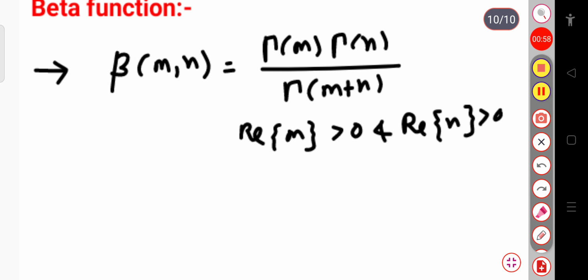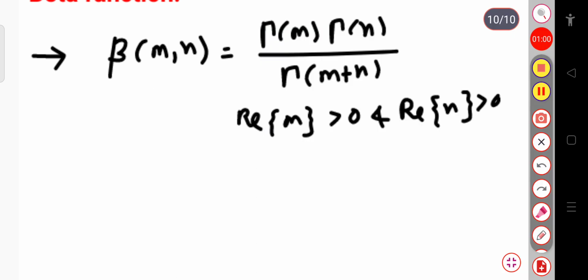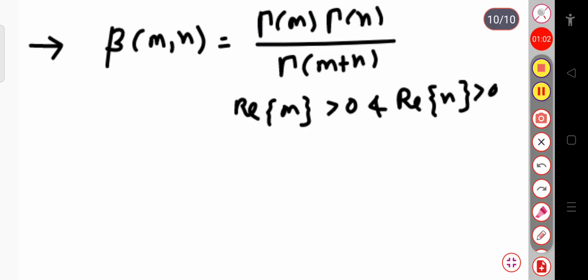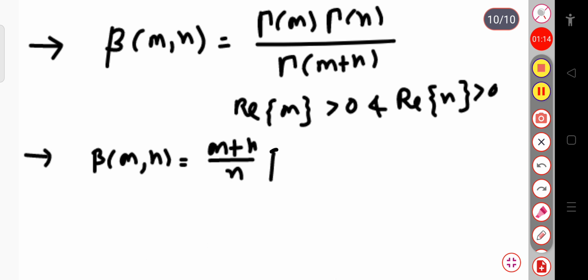Now the next representation. If we discuss the next properties of the beta, suppose this is beta m, n. This can be written as equal to (m plus n) divided by n into beta of m and n plus 1. Okay.